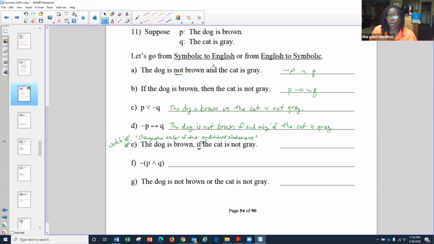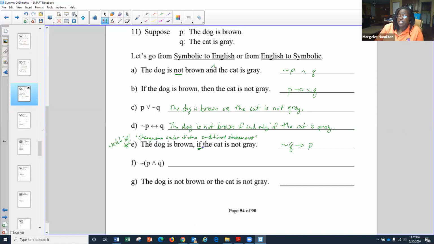We're changing the order of this conditional statement so we can put it in the right form. So if the cat is not gray, remember the cat is gray is Q, so if the cat is not gray would be negation Q, implies the dog is brown, which is just P. So negation Q implies P.